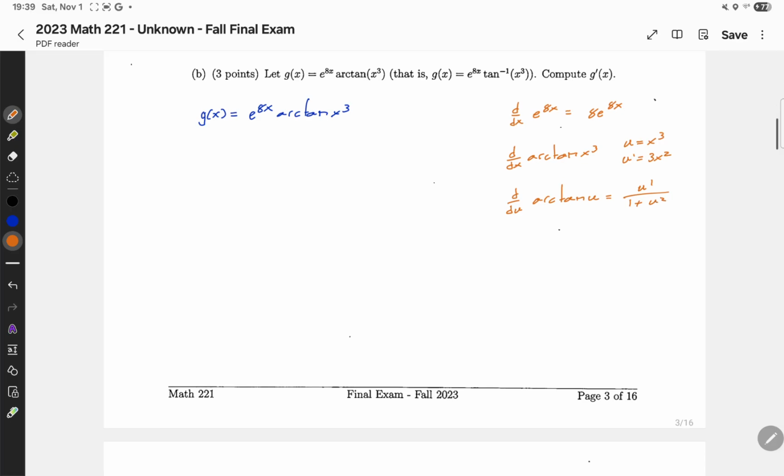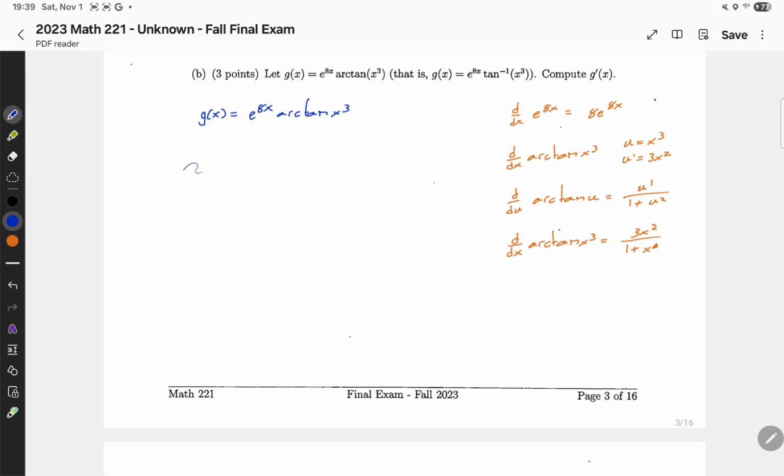So now we can solve the derivative with respect to x. The derivative with respect to x of arctan x cubed is going to be equal to 3x squared all over 1 plus x cubed squared, which is x to the 6th, just like this.